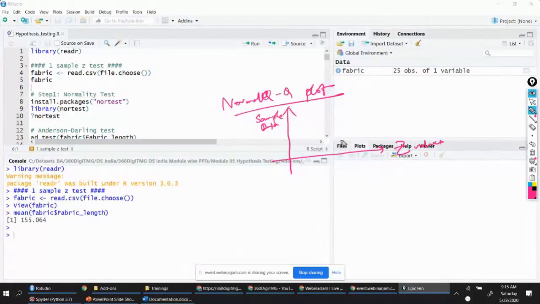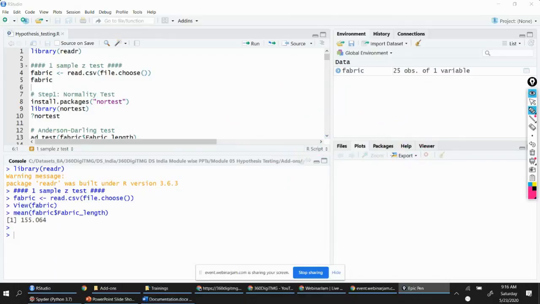And then compares the sample data with Z values, which is standard normal data. And if my data falls on the straight line, then we say it is normally distributed because the distribution of sample data is similar to Z distribution. But if it is curve shaped, either like this or like this, any curve shaped or non-linear, then we say the data is not normal. It does not follow the distribution of Z.